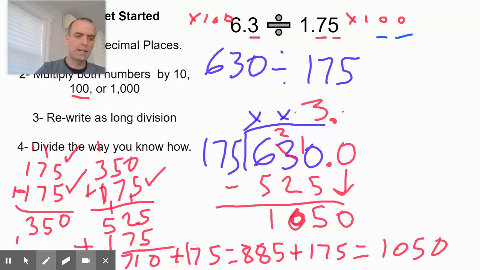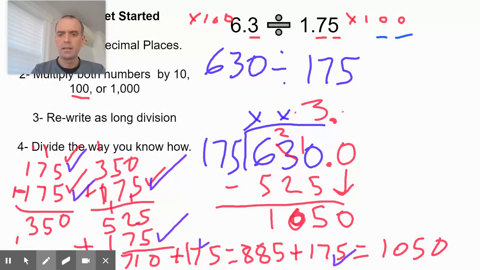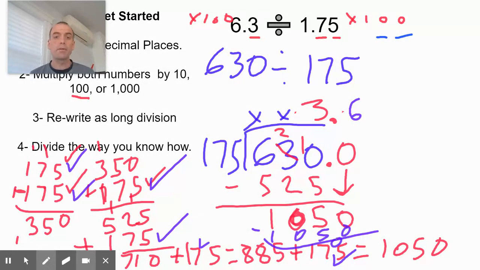Okay, so then I count all of those up. I see 1, 2, 3, 4, 5, 6, right? Yep, 6. So I put a 6 here, and then minus 1050, and I'm left with nothing. So 6.3 divided by 1.75 is 3.6.